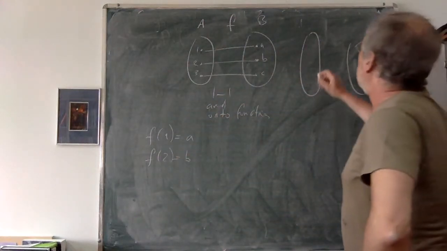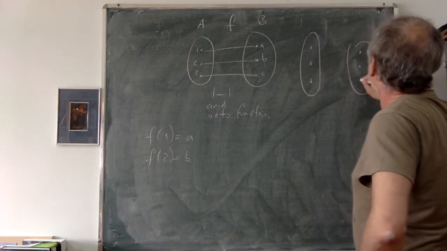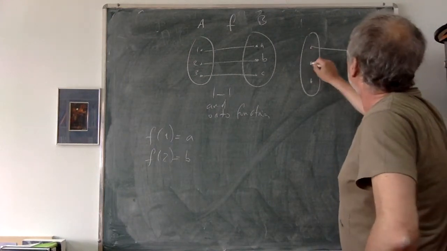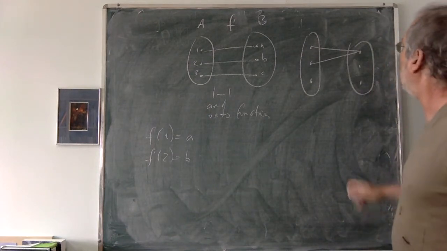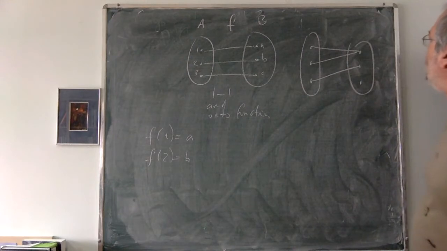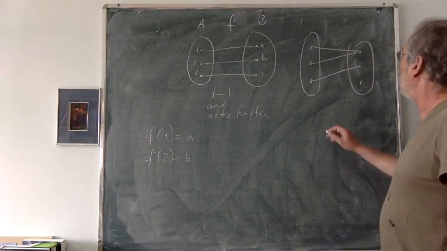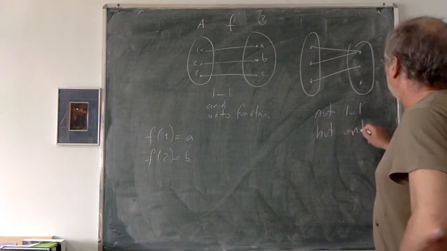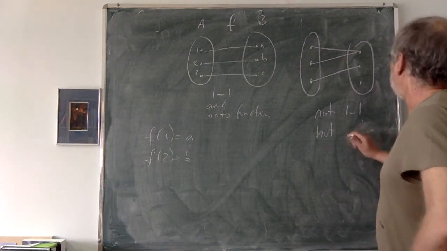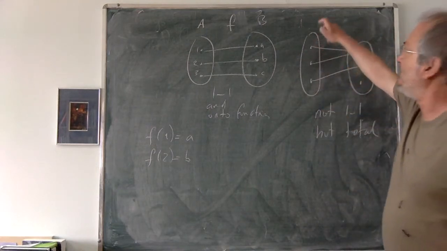Just think about this. If I'm mapping this to this and this to that, and that to that, this is not one-to-one, this is not onto, but it's a total function in the sense that everything in A is mapped.